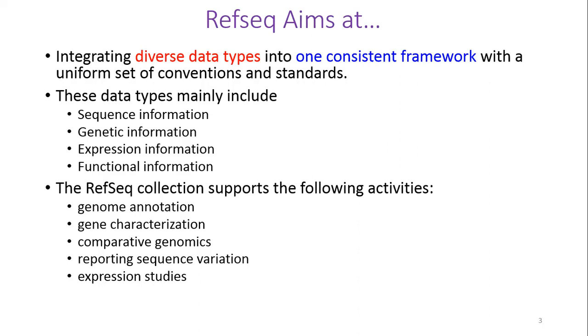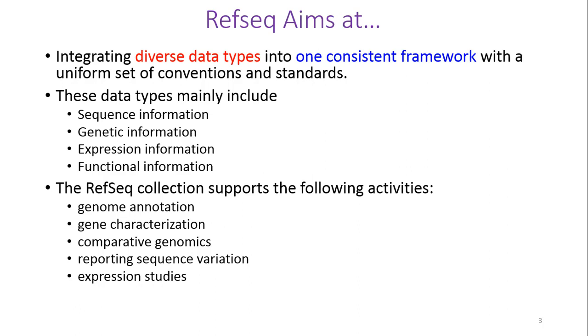Everything would be in a single location, with diverse data types. For example, you can have sequences of proteins, DNA, RNA, different types of organelle sequences, and different types of organism sequences, all in a consistent framework.